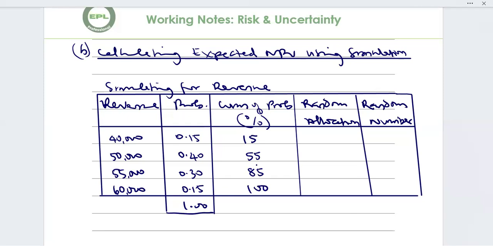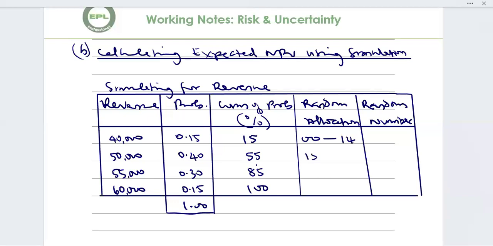The next thing we want to do is to find the random allocation. Random allocation is just like class interval. So we are starting from 0, 0 to 15 minus 1, because you are using the cumulative of the probability to determine the random numbers. So 15 minus 1 is 14.